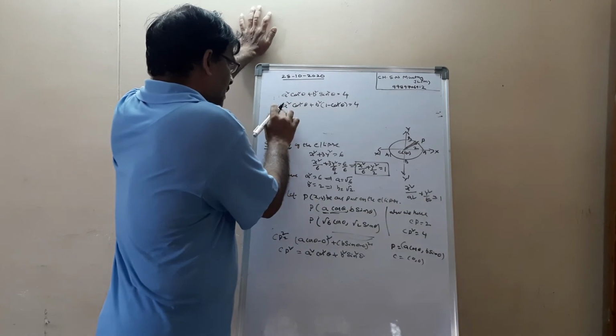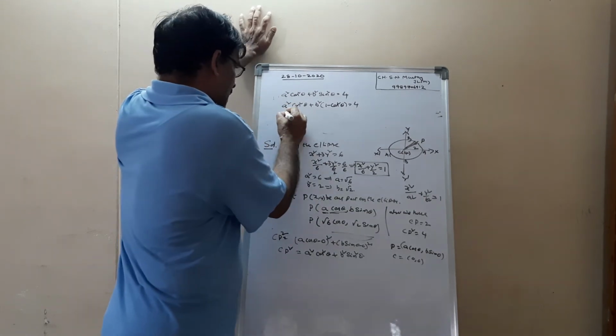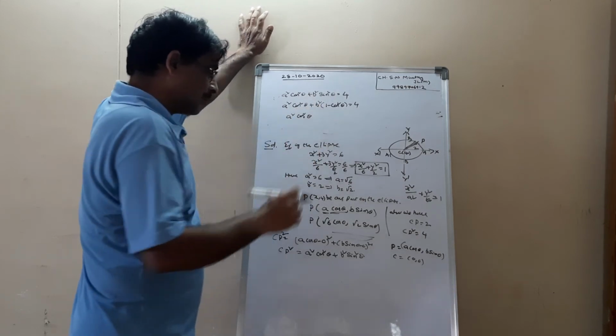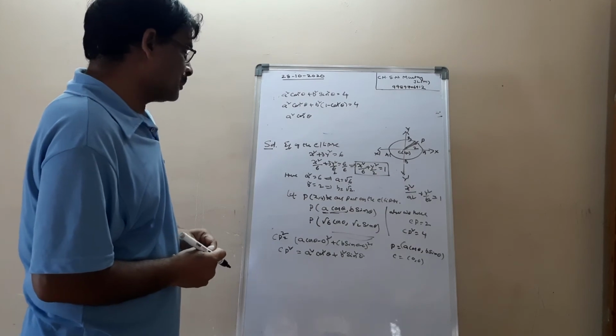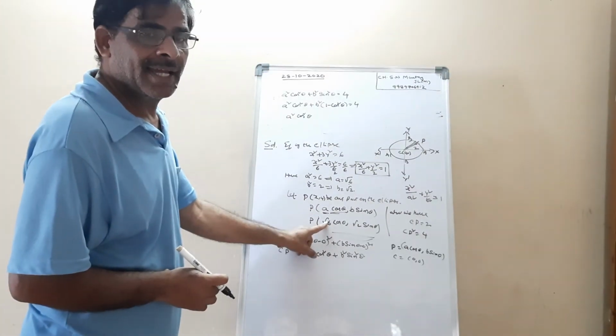Now here, a square cos square theta plus b square into 1 minus cos square theta equals 4. Here we have to substitute the value of a.